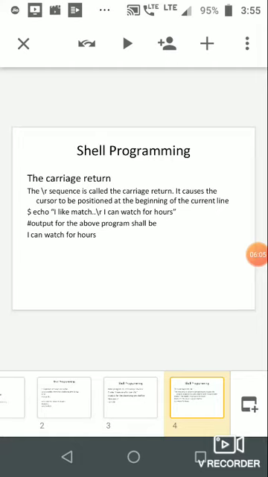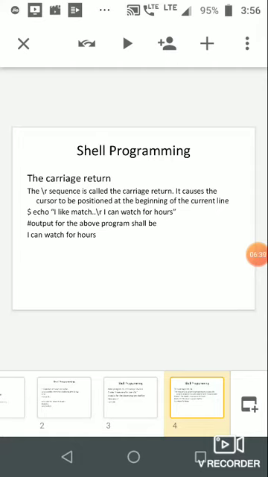This question may come, but actually that is not the case here. What is happening is that the shell had faithfully printed it, but the carriage return, that is the escape sequence slash r, placed the cursor back where the I was displayed.